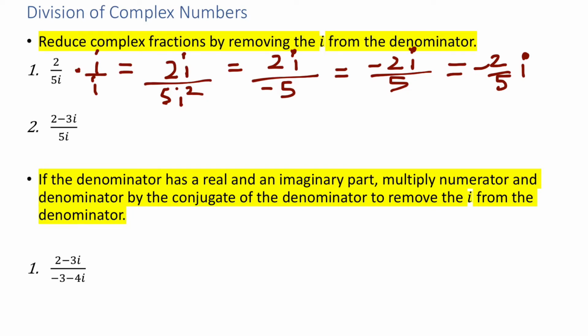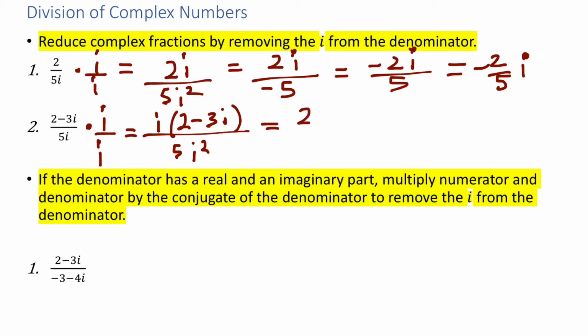Okay, so let's do it again for number 2. I'm going to multiply by i over i to remove that i from the denominator so I can call this reduced. So I've got to distribute i times 2 minus 3i on the top. And then I've got 5i squared on the bottom. We know that's a negative 5. So on the top I've got 2i minus 3i squared divided by negative 5. So that's 2i.